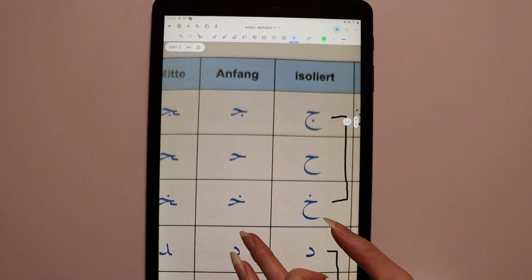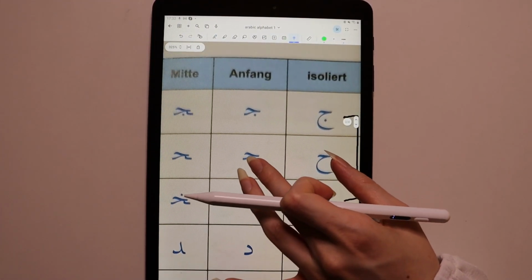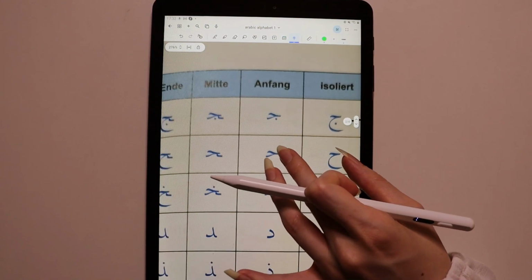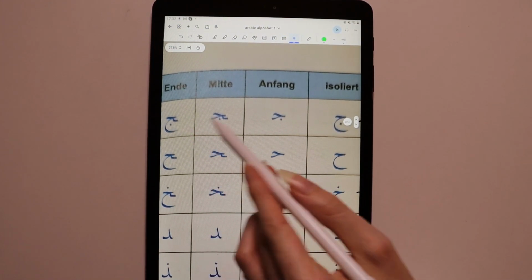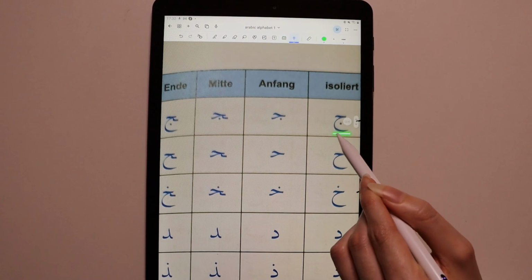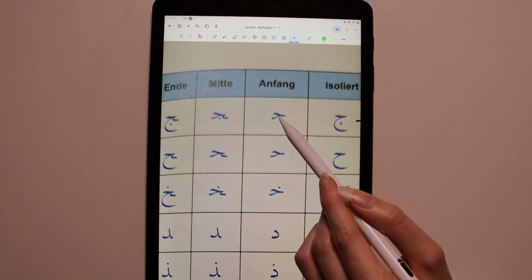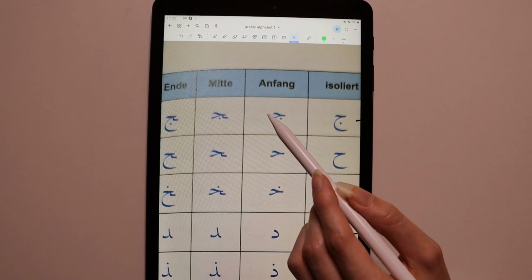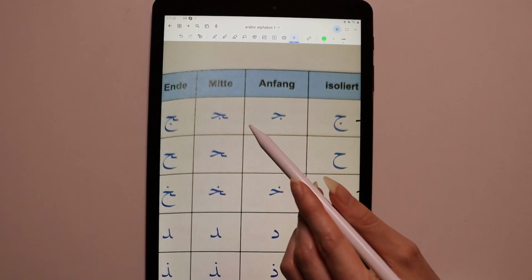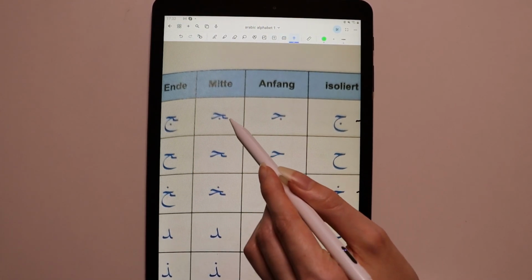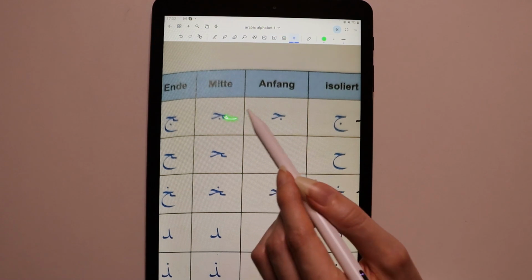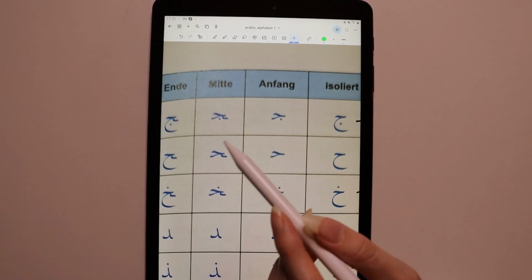So jim, and jim looks again at the end similar to the isolated letter. And then at the beginning and the middle it looks again the same, except that here it is connected, it comes from a letter, and here it just starts.